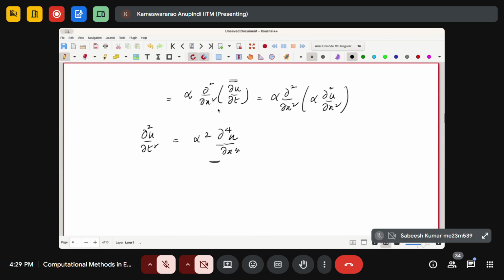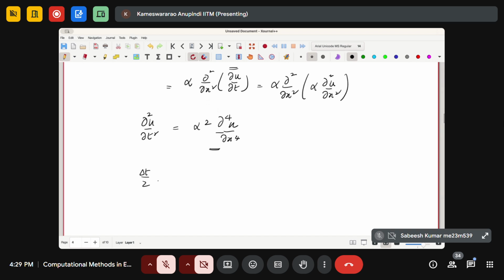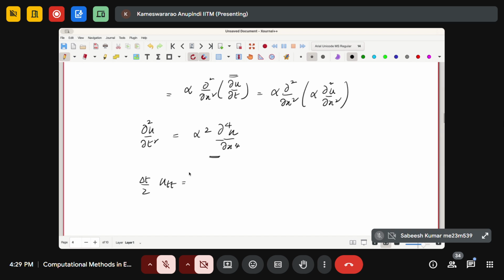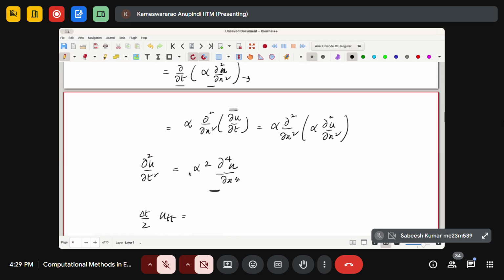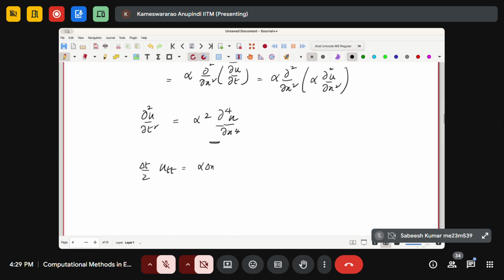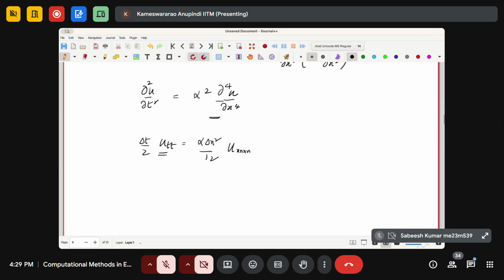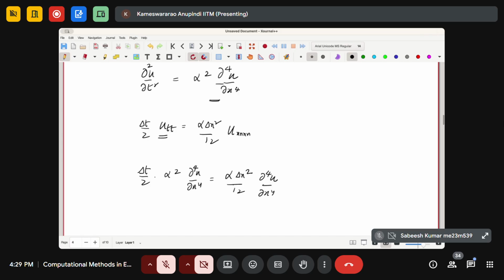So I'm going to write down this equation: (Δt/2) u_tt equals α (Δx²/12) u_xxxx. Now I can substitute for u_tt from the above equation. That is (Δt/2) α² ∂⁴u/∂x⁴ equals α Δx²/12 times ∂⁴u/∂x⁴.